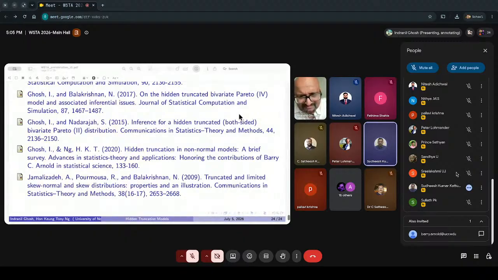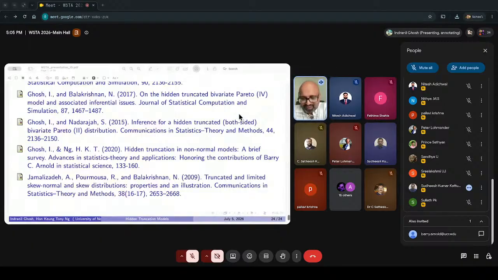Because generally hidden truncation means you don't include the data which is below some point or above some point. So here we have a bivariate kind of data, and then... Well, that's a good question.